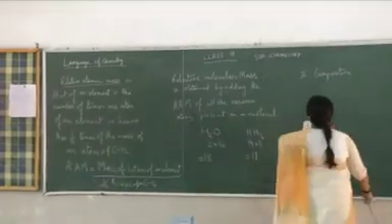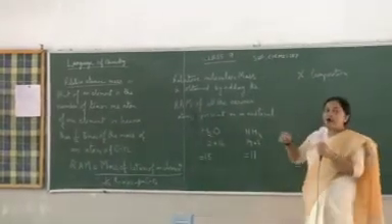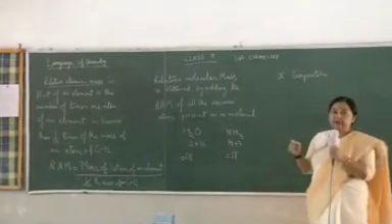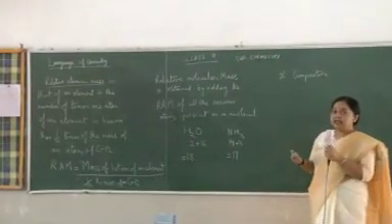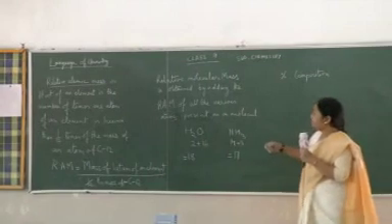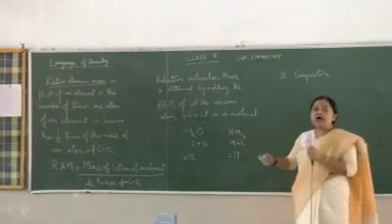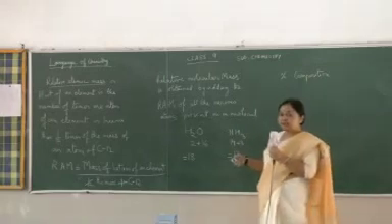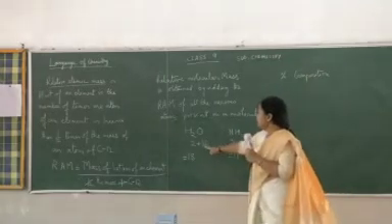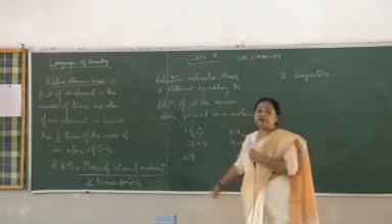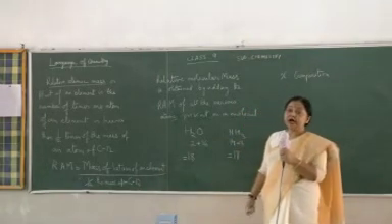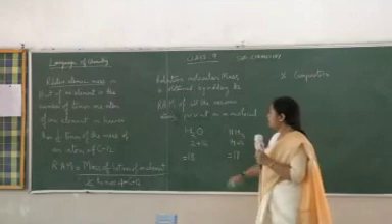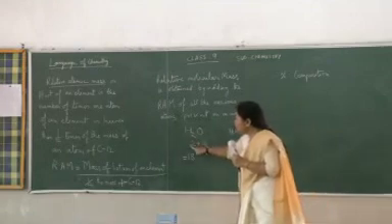Now percentage composition. What percent of an atom is present in a molecule, that can be calculated by placing the weight of the atom upon the total molecular mass into 100. Percentage means multiplied by 100. So here we suppose we have to find out the percentage of hydrogen in water. How much of hydrogen is present? 2 grams.